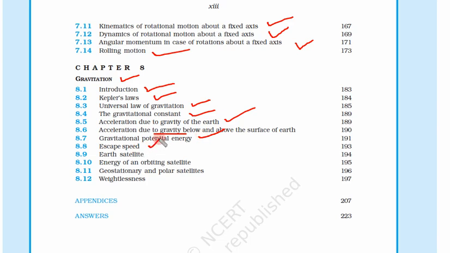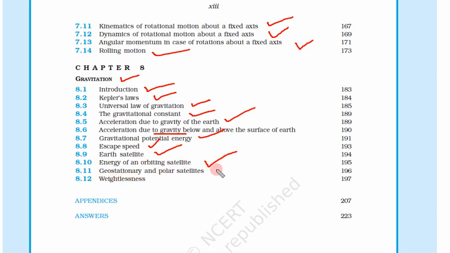Escape speed, if something wants to go out in space, this minimum speed needs to be maintained, which is called escape speed. Earth satellite, so we know there is one natural satellite which is the moon of earth, but there are plenty of man-made satellites. Energy of an orbiting satellite, what is the energy of an orbiting satellite?